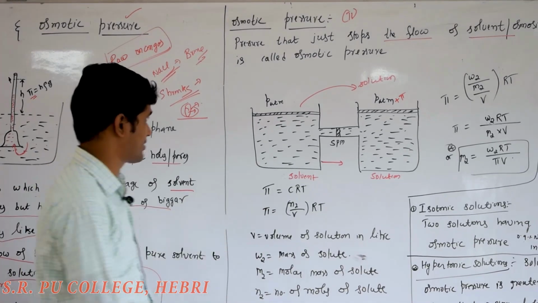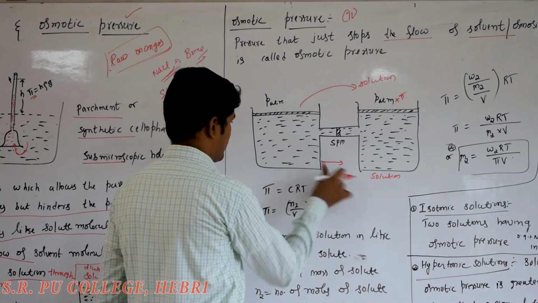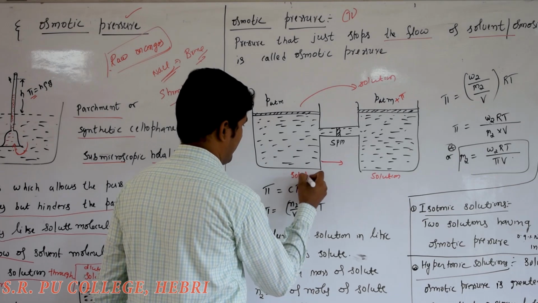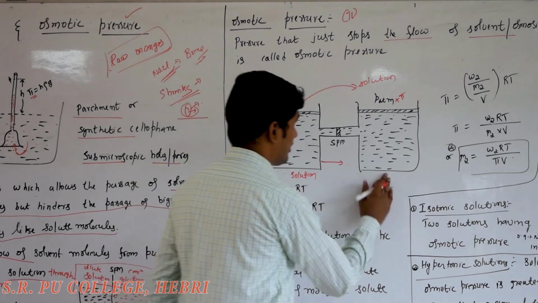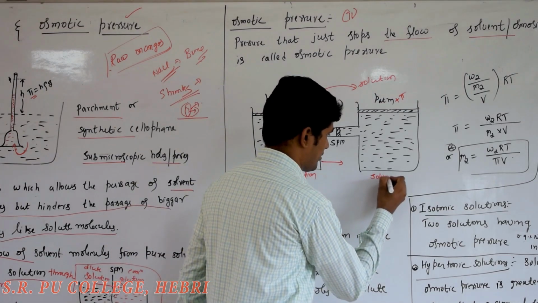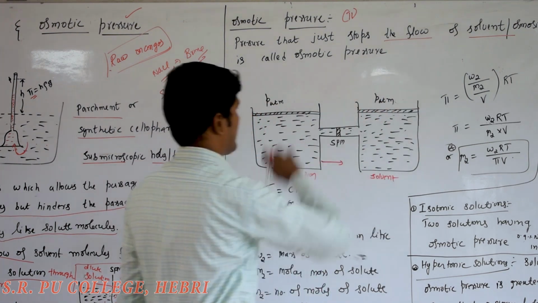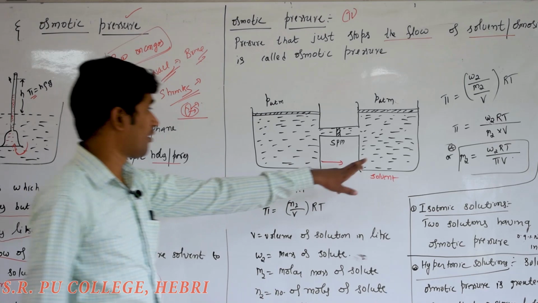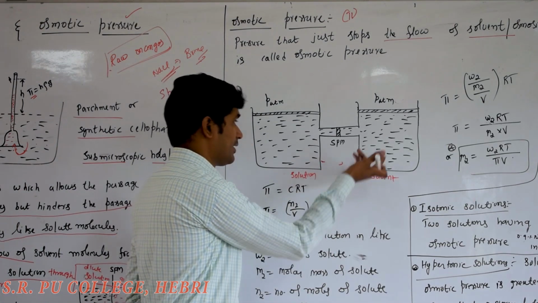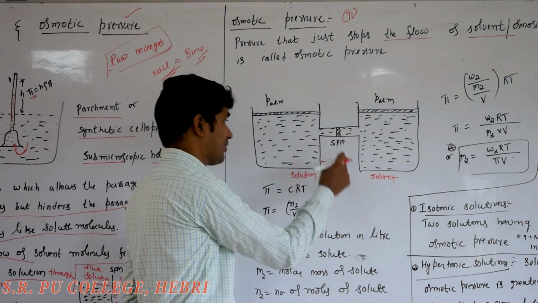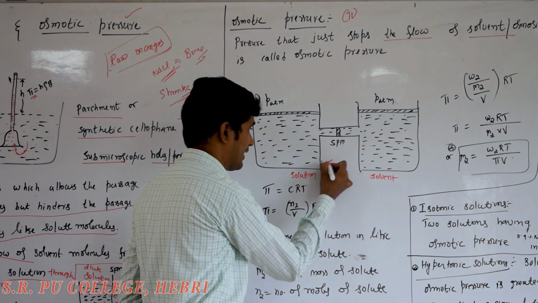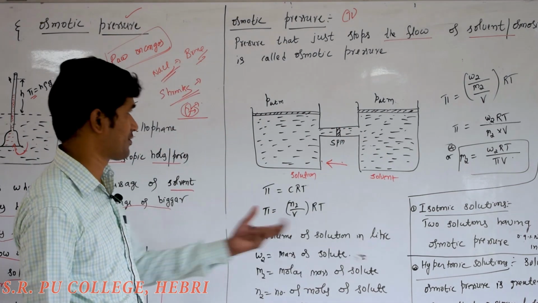Okay, in other words, if I take solution here, solvent here, then what happens? Now osmosis takes place. Solvent molecules move from lower concentration to higher concentration region. Now this is the direction of flow of solvent.